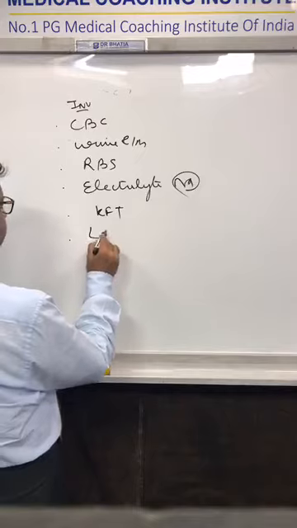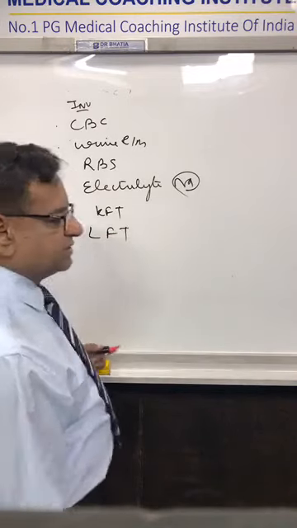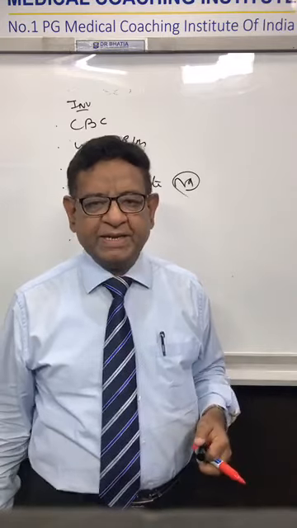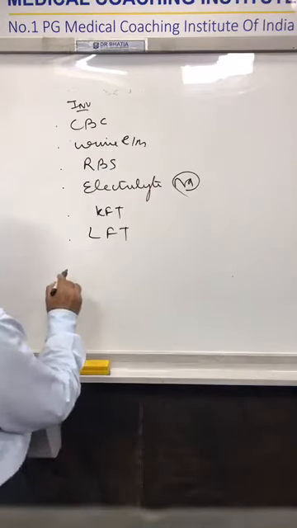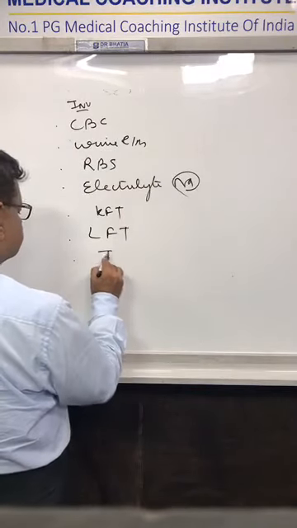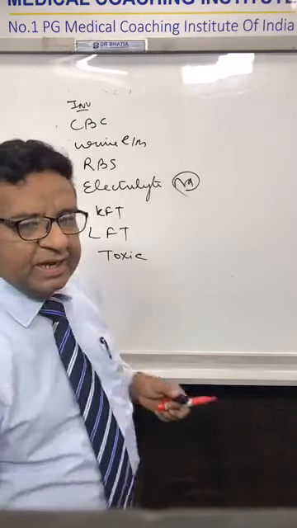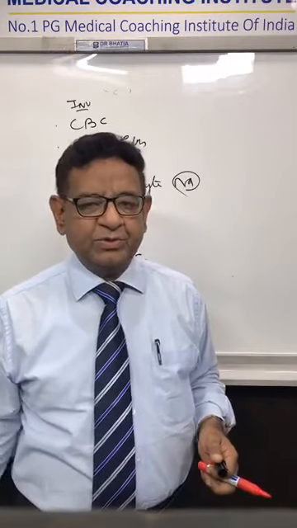Similarly, LFT, hepatic encephalopathy can come as seizure disorder. You have to treat the hepatic encephalopathy. You have to rule out any toxic thing. Toxicology. Toxic thing means like aminophylline toxicity can lead to seizure.